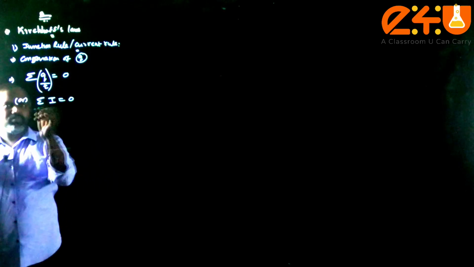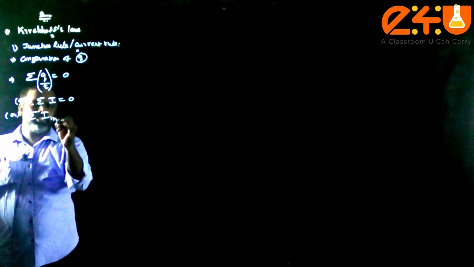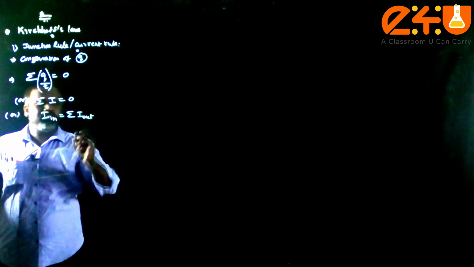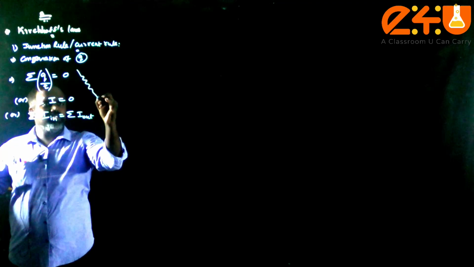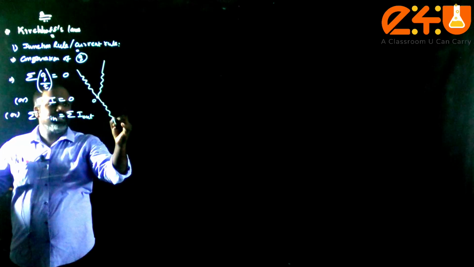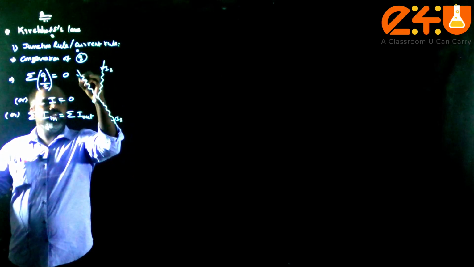The same can be written as: the sum of the currents towards the junction is equal to the sum of the currents away from the junction. The sign convention is that currents coming towards the junction are taken as positive, and those going away from the junction are taken as negative.